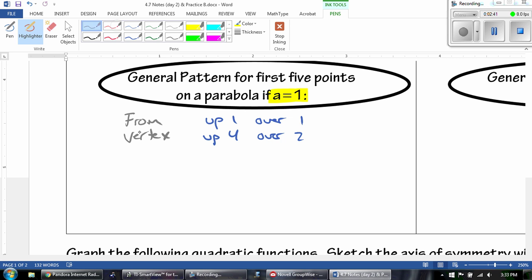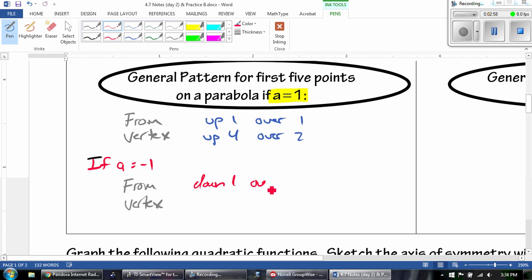What happens if a equals negative 1? Well, if it's negative, that means it opens down. So from the vertex, we would just do the exact opposite. Instead of going up 1 over 1, I'd go down 1 over 1, or down 4 over 2.